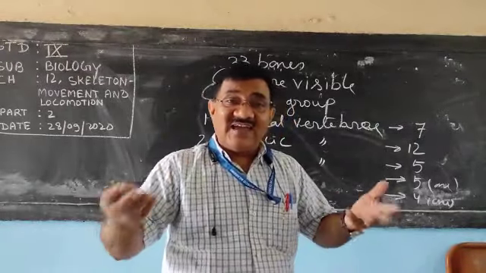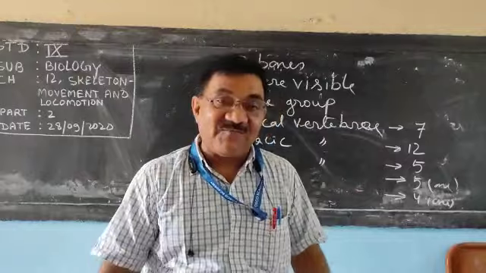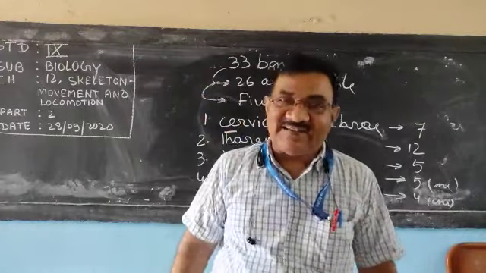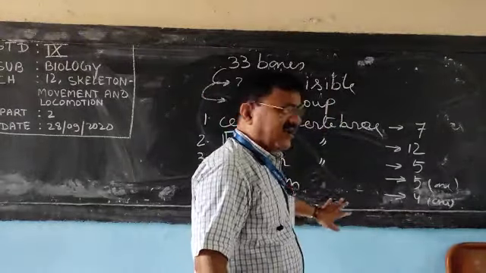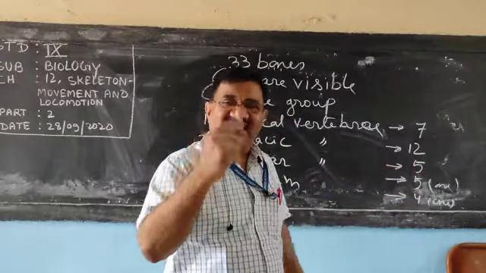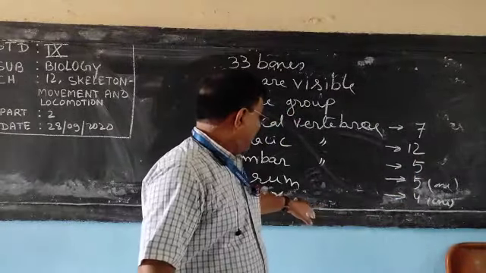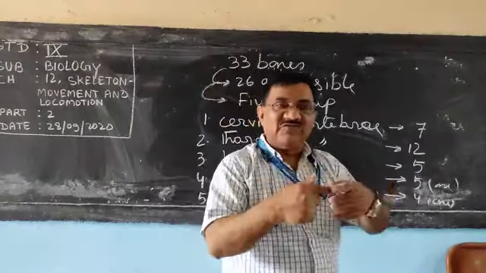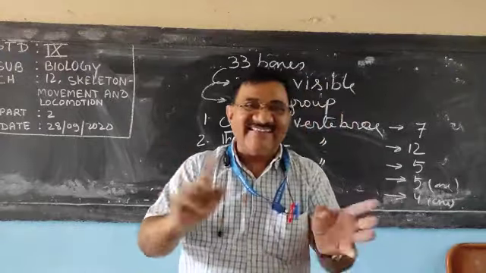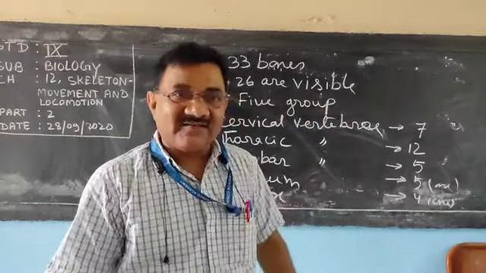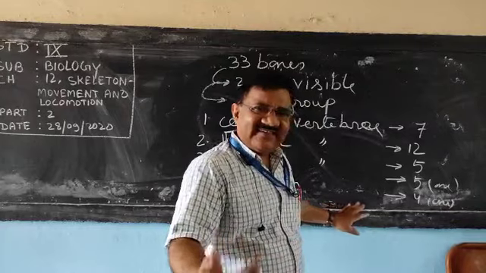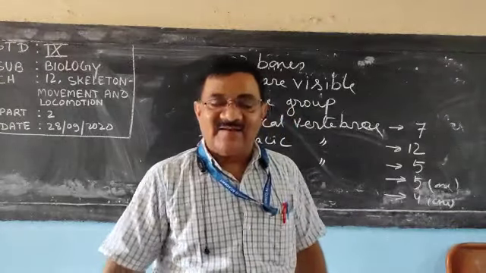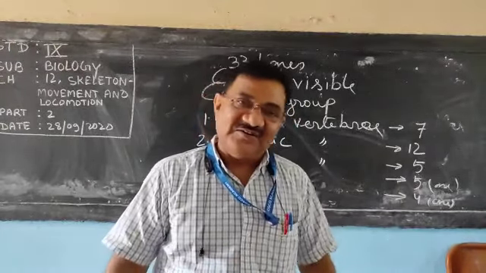We are mammals, and one characteristic of mammals is that they have a tail. In our mother's womb that tail is present. The last 4 bones fuse together, so the tail is not seen. But sometimes a child may be born with a tail, which is removed by the doctor.